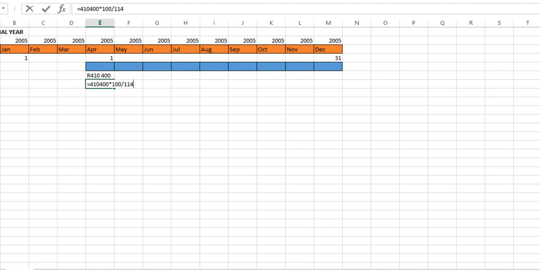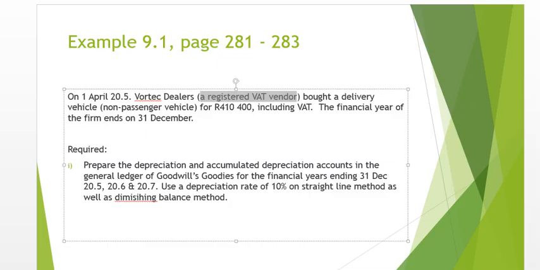So just note that this question still used 14% as VAT. Our cost price excluding VAT is then 360,000 Rand, and on that we now need to depreciate the asset. So what is required from us?